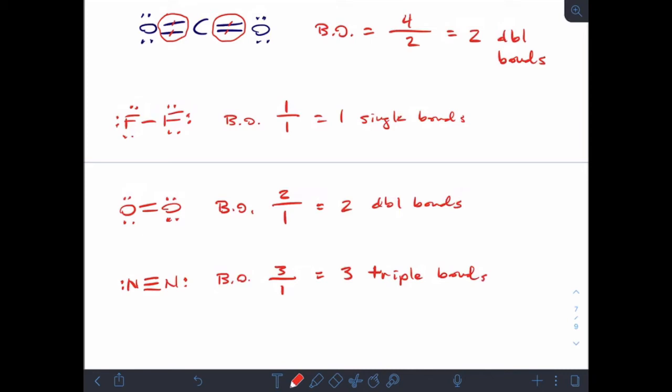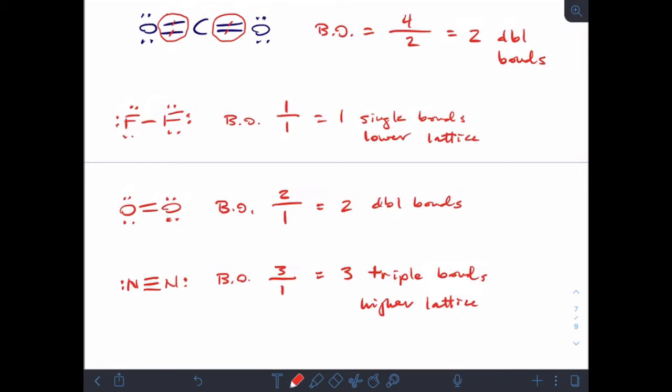Okay, so bond order is also related to lattice energy. So triple bonds will have higher lattice energy. Single bonds will have lower lattice energy. All right, and we can think about that in terms of what we've already discussed with lattice energy.